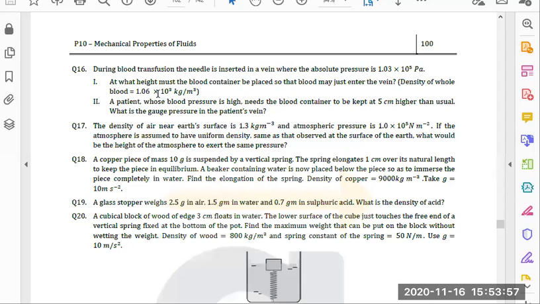Okay, 16th. During blood transfusion, the needle is inserted in a vein where the absolute pressure is given. Okay, so this is your absolute pressure. Now, at what height must the blood container be placed so that the blood may enter the vein? Now, the density of blood is given. Think about it.